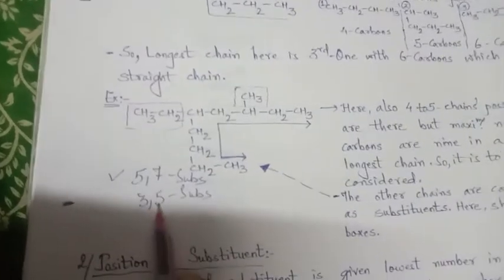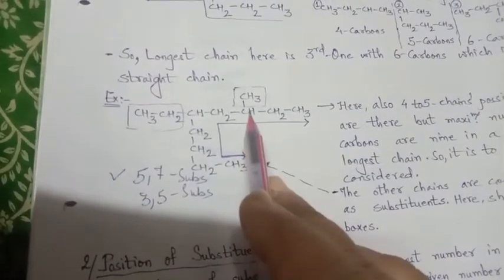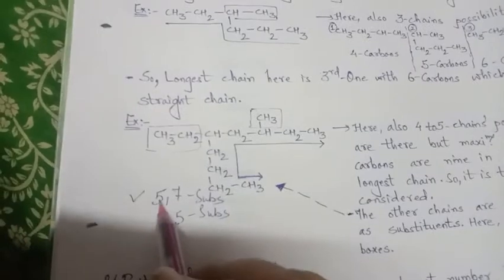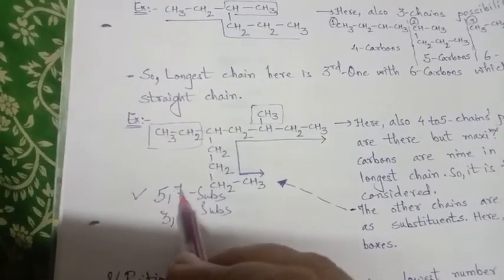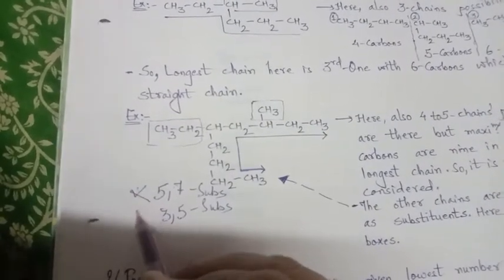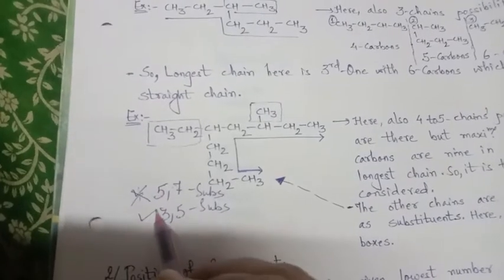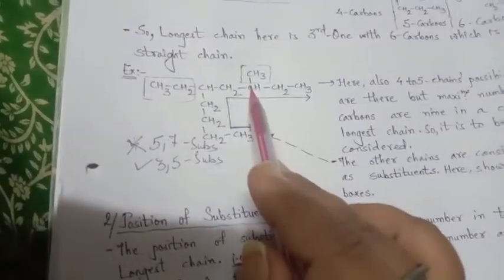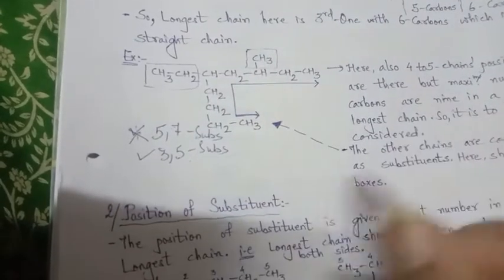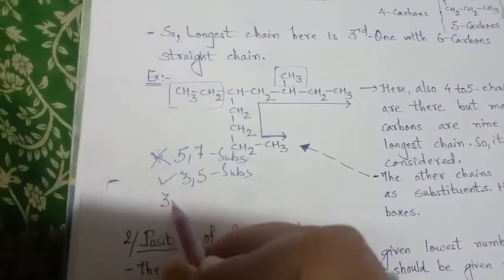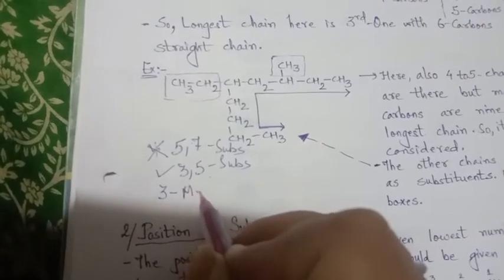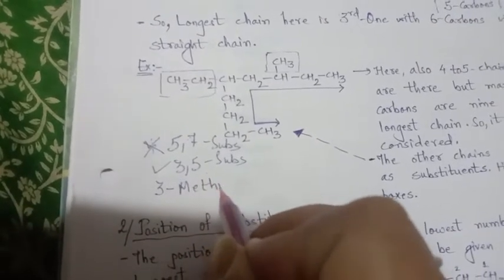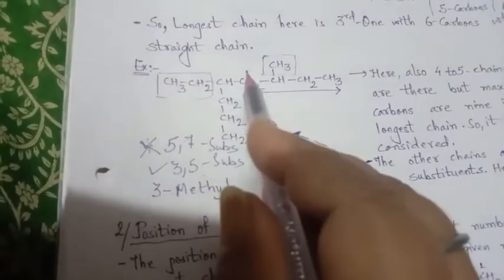So what will be our number now? See here. We are not going to select this because it is the greater one, 5 and 7. So this is not to be selected. We are supposed to select the lowest one, 3 and 5. So on the third carbon, it is a methyl group. So what will we write here? 3-methyl, then 5.